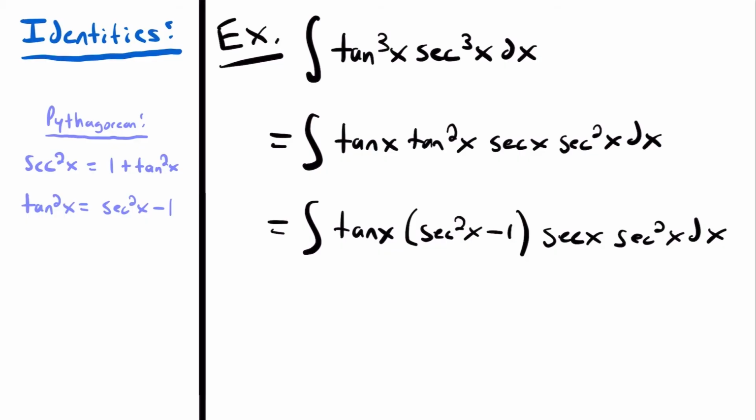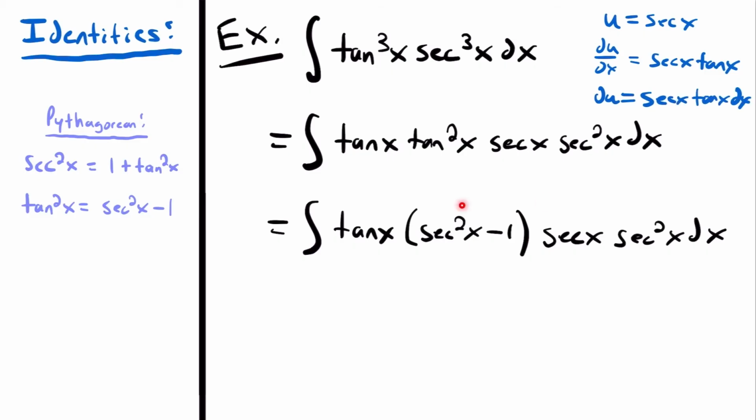So if we do that, u is equal to secant x, then du dx is equal to the derivative of secant, which is secant x tangent x. And that means that du is equal to secant x tangent x dx.